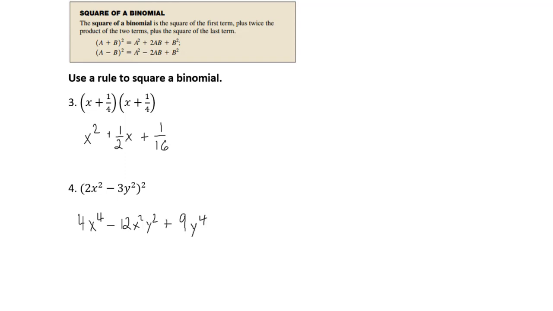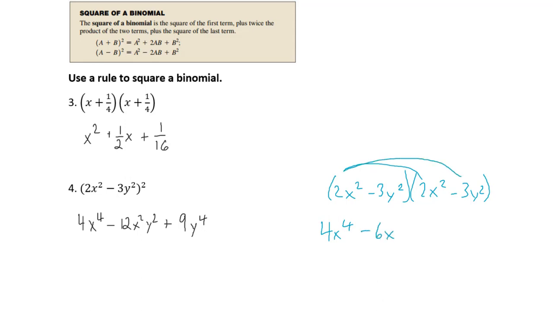And again, if you do not want to memorize that rule, you could always take that and rewrite it as 2x squared minus 3y squared, 2x squared minus 3y squared. Multiply and get 4x to the 4th. Multiply, get negative 6x squared y squared.